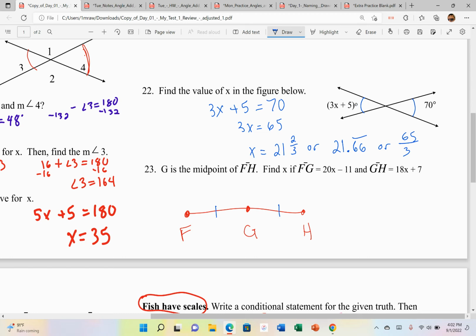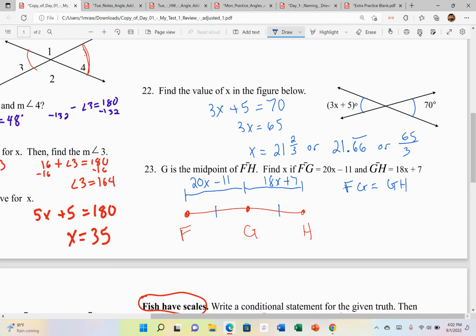Find x if FG, that's from here to here, is 20x minus 11, and GH is equal to 18x plus 7. So G is the midpoint. That means it's a bisector, right? That means it cuts that segment into two equal parts. So by definition, FG is equal to GH, right?